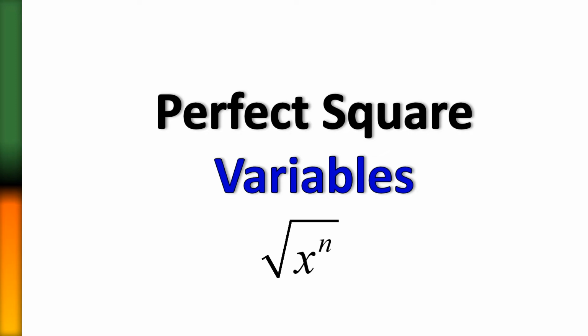So if the exponent that the variable is raised to is divisible by 2, then it is a perfect square.